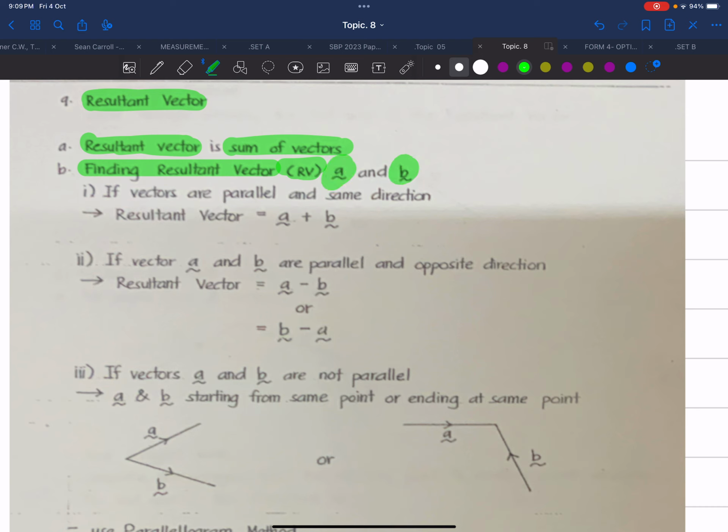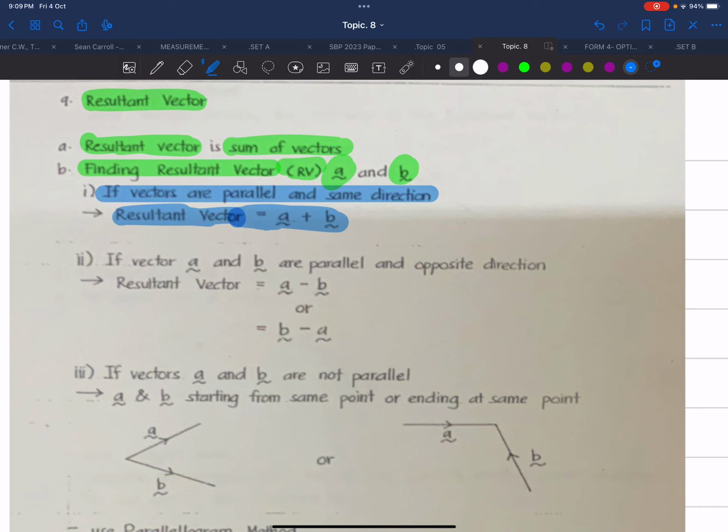It depends. If the vectors are parallel and same direction, meaning vector A, vector B, parallel and same direction, now the resultant vector, you just plus.